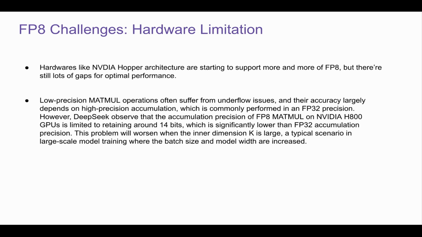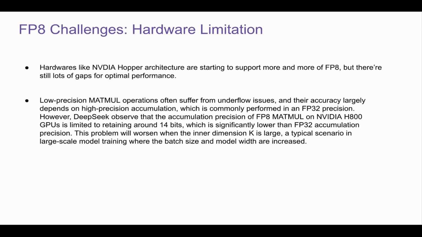Hardware like NVIDIA's Hopper architecture, which is what DeepSeek used, is starting to support more and more FP8, but there are still a lot of gaps for optimal performance. Low precision matrix multiplication, or GEMM, often suffers from underflow issues, and its accuracy largely depends on high precision accumulation, which is usually FP32.